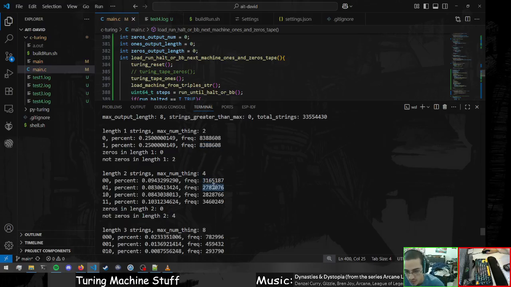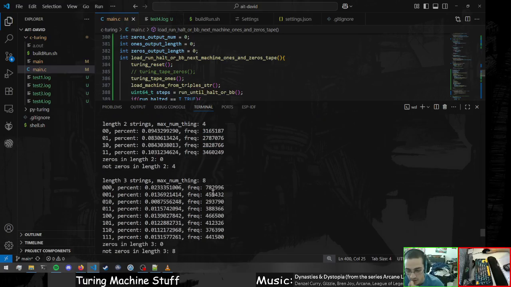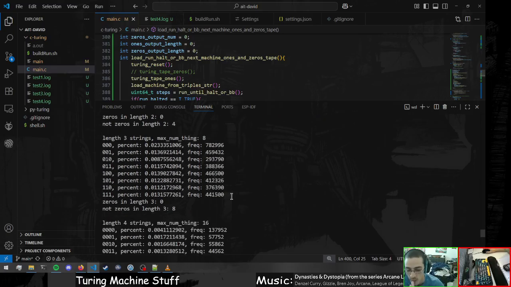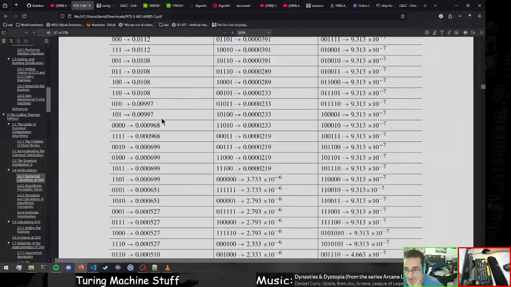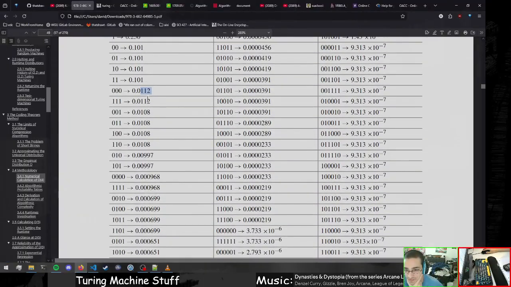This is weird because these are all different now. I guess maybe they were still all different, but these are all different as well. Length 3 strings. My length 3 strings are all different. I don't know if that's a thing here.